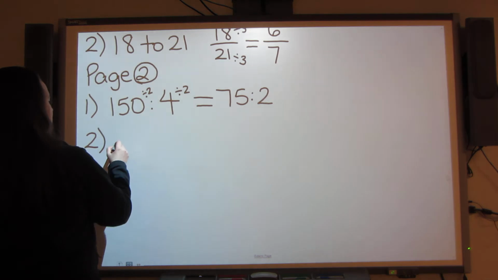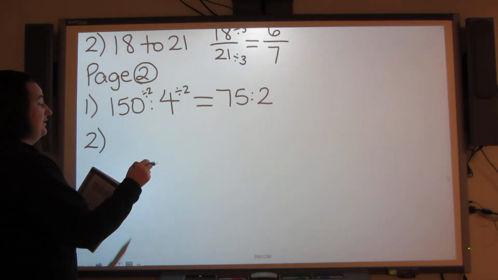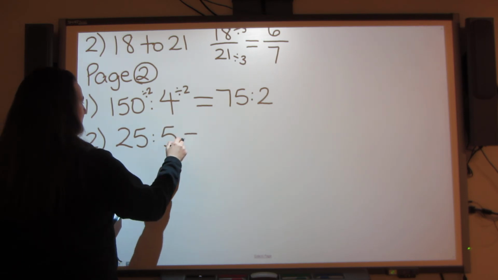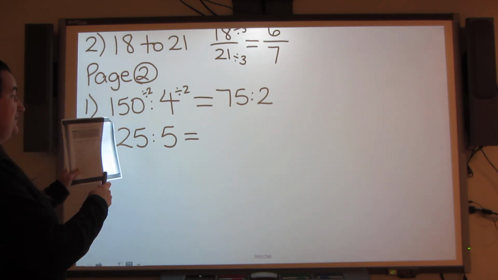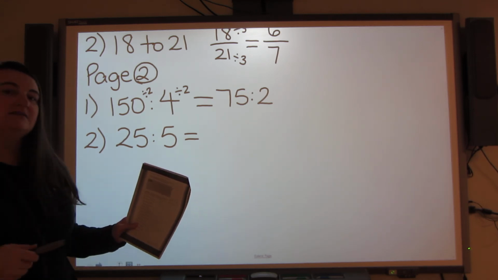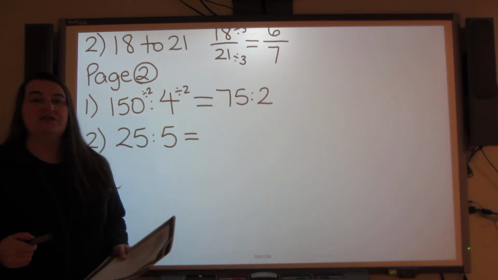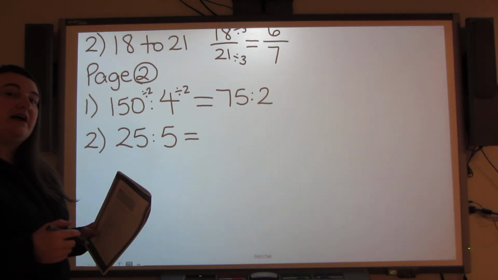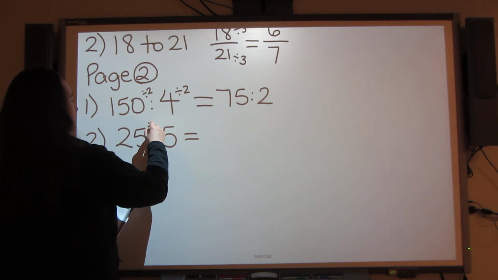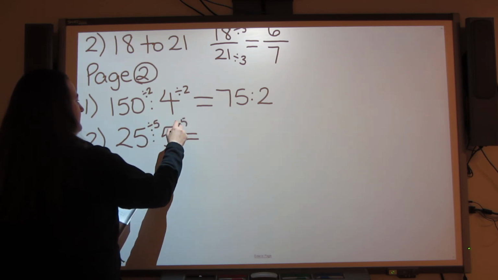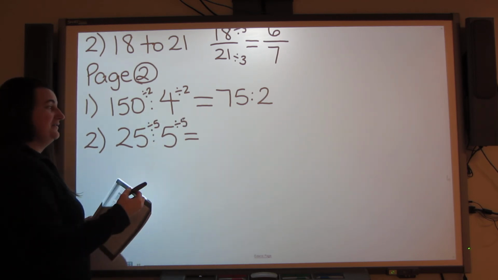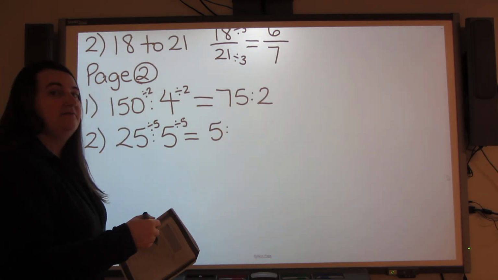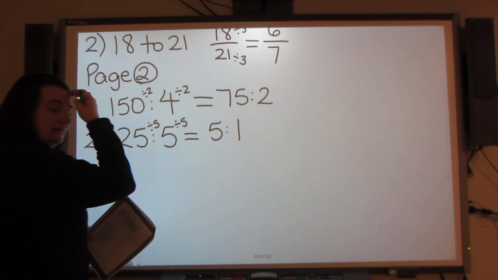So instead of 1 to 1, you do 25 cents to 5 cents. And again, you've written your ratio, no words, and you're still looking for lowest terms. I can divide both of those by 5. 25 divided by 5 is 5. 5 divided by 5 is 1.